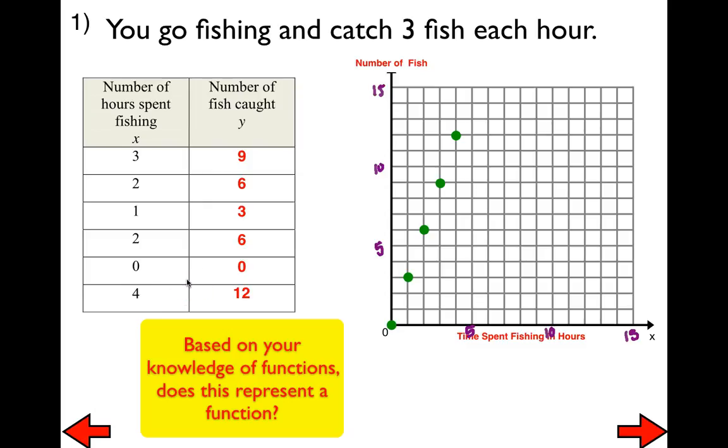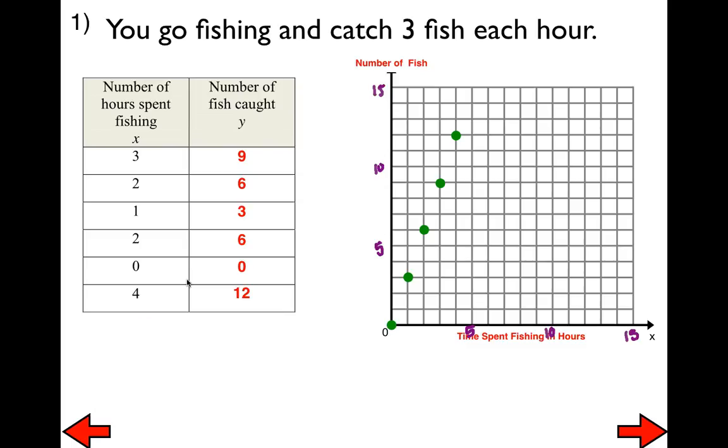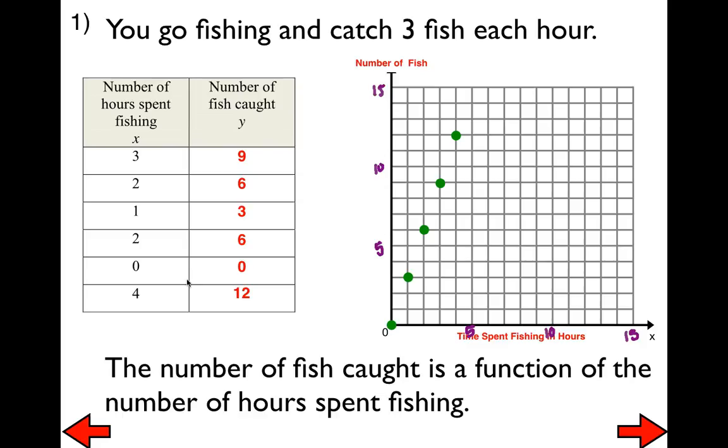Now, based off of what we know about functions, is this a function based off of the graph? Hopefully, you're saying yes. Why? Because it would pass the vertical line test. If you were to draw a vertical line here, it will only touch the graph once. So, I would say the number of fish caught is a function of the number of hours spent fishing.